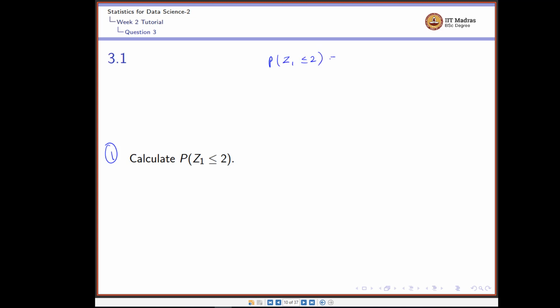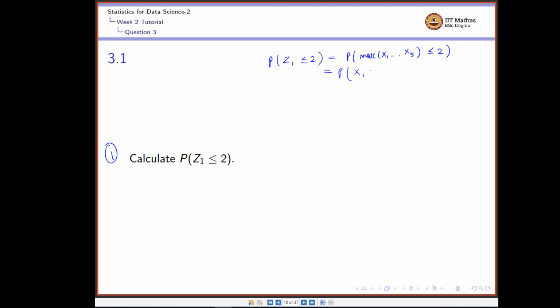Z1 is the max of X1 up to X5, so the probability that the max is less than or equal to 2 means that each of these Xi's, X1, X2, X3, X4, X5, is less than or equal to 2, because the maximum is less than or equal to 2.